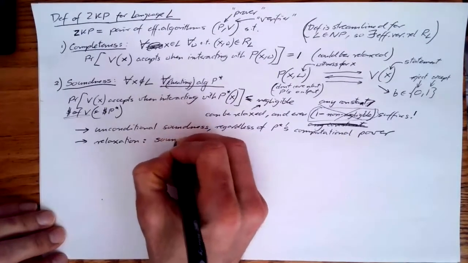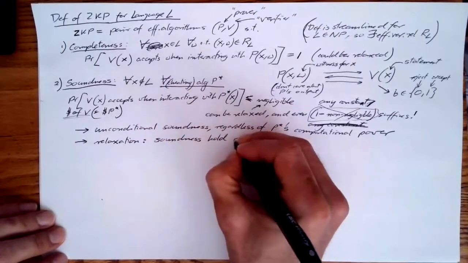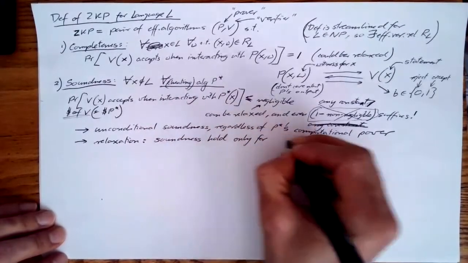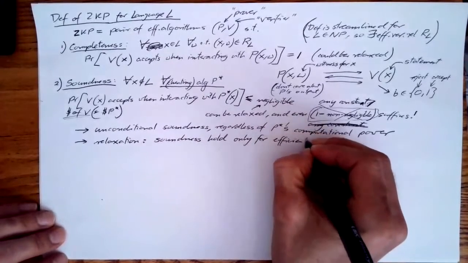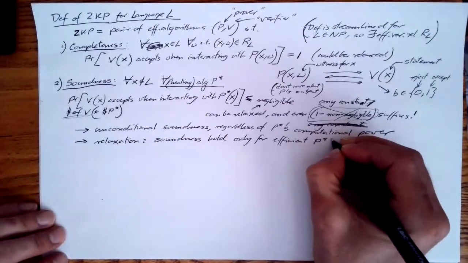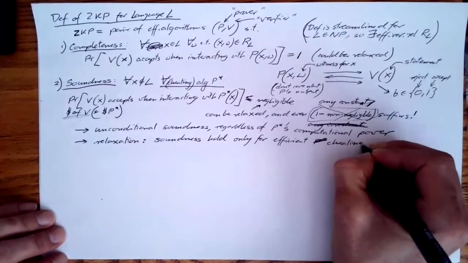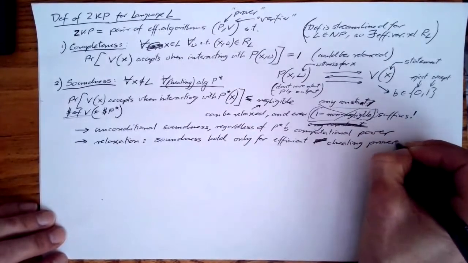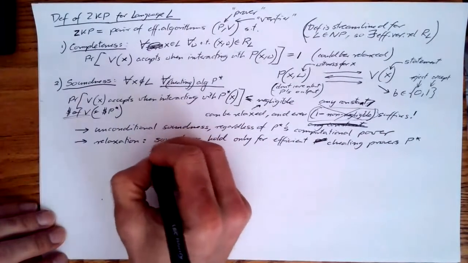Soundness might hold only for efficient cheating provers, P stars. And that has a name.